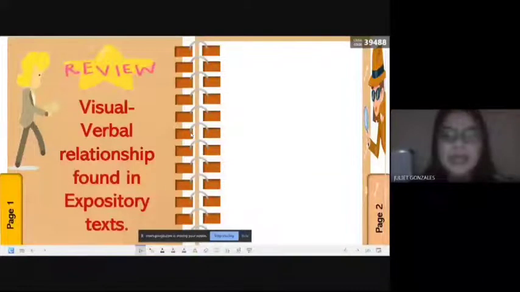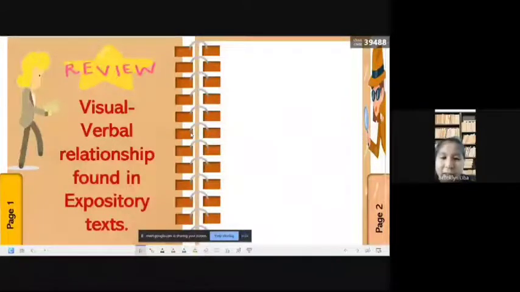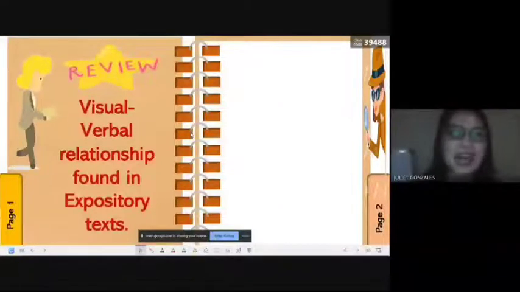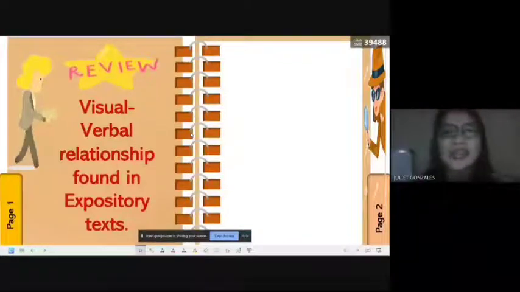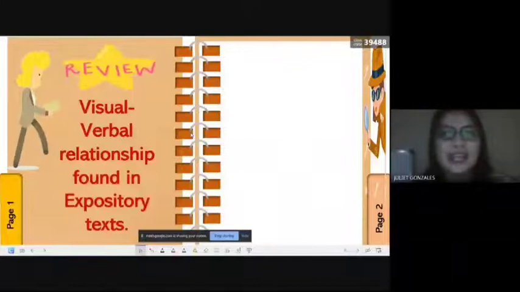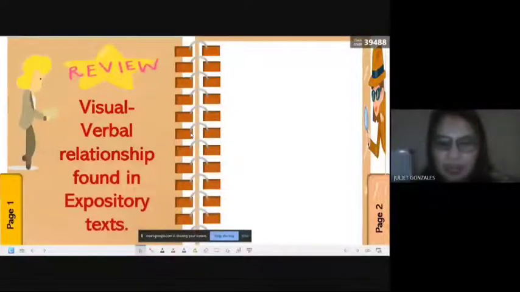How about verbal elements? Very good, Brooklyn. Verbal elements are text or words to support visual elements. So when we talk of visual elements, these are graphs, tables, and concept maps, while verbal elements are those descriptions, those data that are presented in visual representations or graphic organizers.